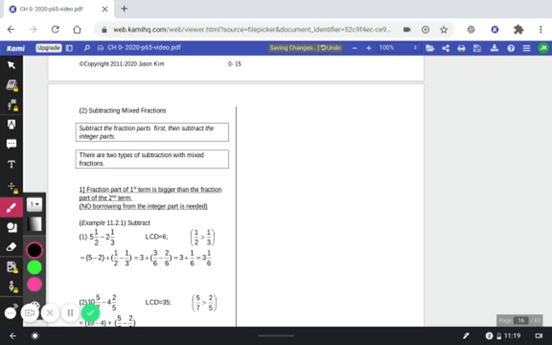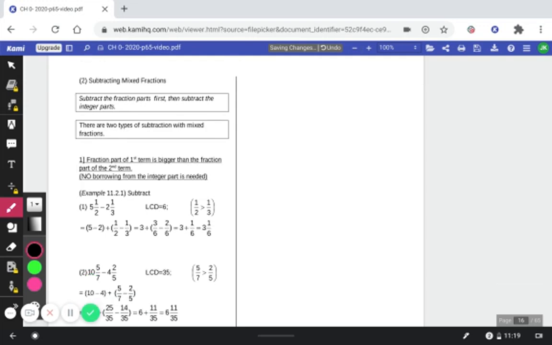Now, how about subtracting a mixed number? You do it the same way. Subtract the fractional part first and then subtract the integer part. You have to do the fractional part first and then the integer part.